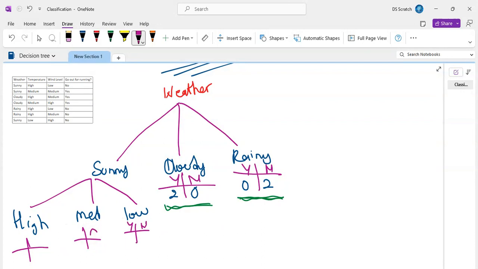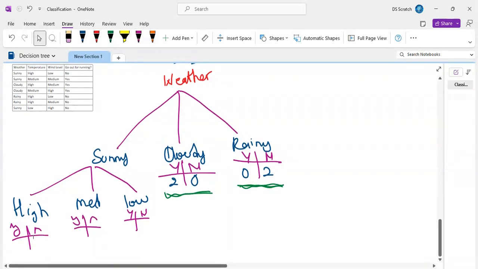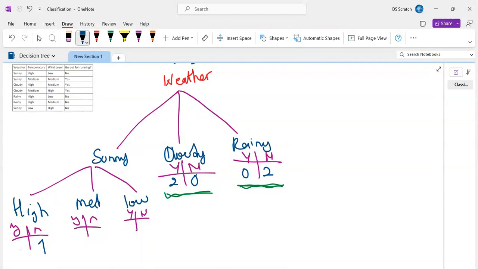Okay, yes and no. If the weather is sunny and the temperature is high, one person won't go out, and we don't have such a reading for yes. So one no and zero yes.